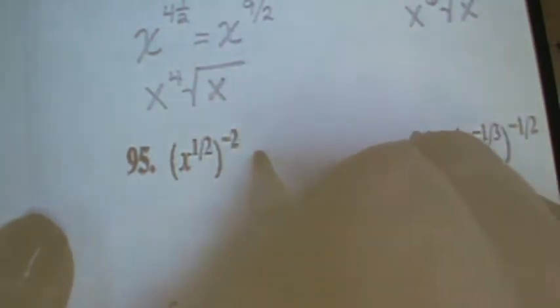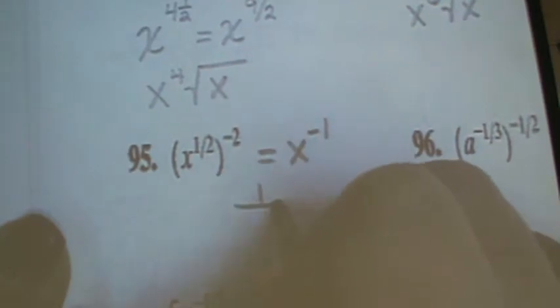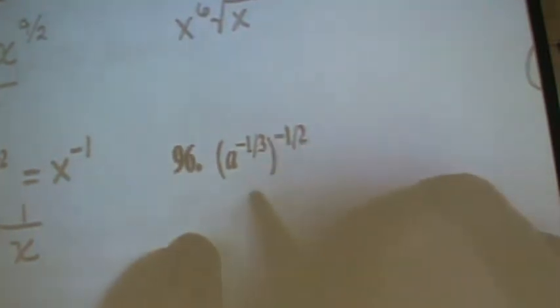Number 95, you're going to multiply these two. 1/2 times -2 is -1, but then they don't want a negative exponent. Power to power, you're going to multiply these two. -1/3 times -1/2 is 1/6.